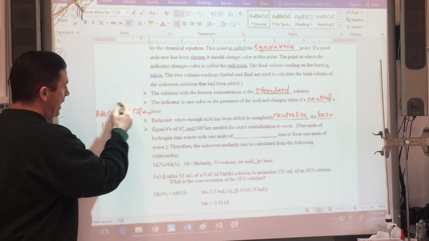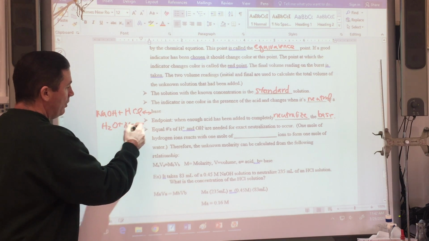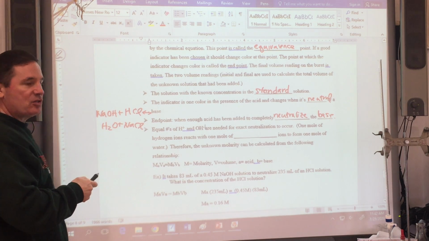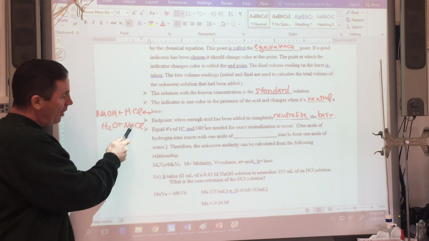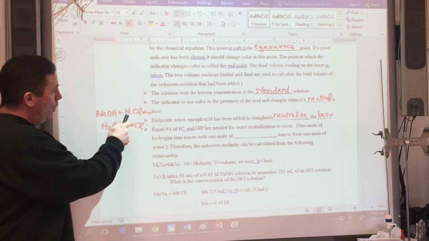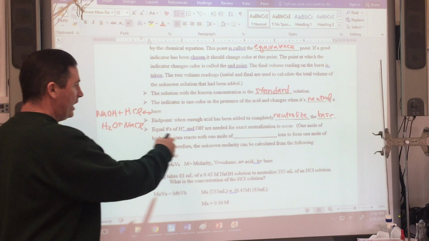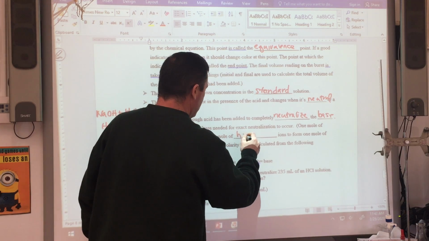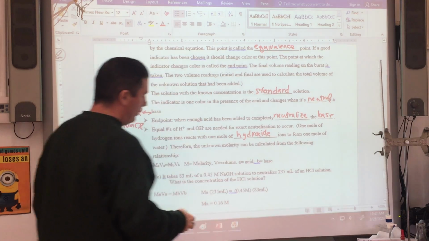And then the metal and the nonmetal will combine to form salt. So in any neutralization reaction, we've got an acid plus a base making water and salt. So this is a 1-to-1 ratio in this case. 1 mole of hydrogen ions reacts with 1 mole of hydroxide ions, and we get 1 mole of water.